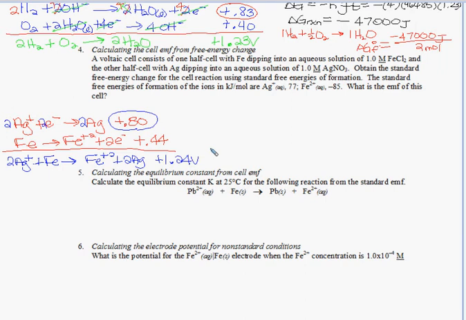All right, so we're going to obtain the standard free energy change for the cell. So delta G is going to be equal to the products, which will be iron ions, -85, minus the reactants. Remember that the silver is a solid and that's its natural state, so it does not have value for its Gibbs free energy.